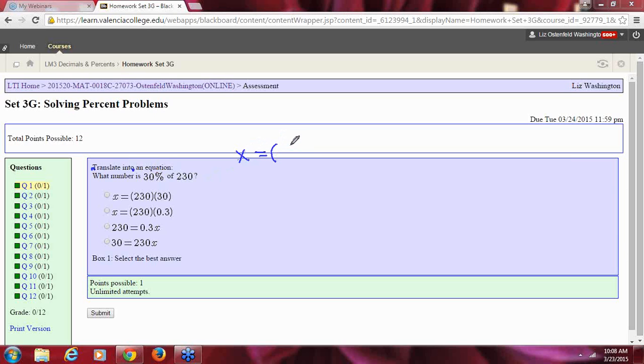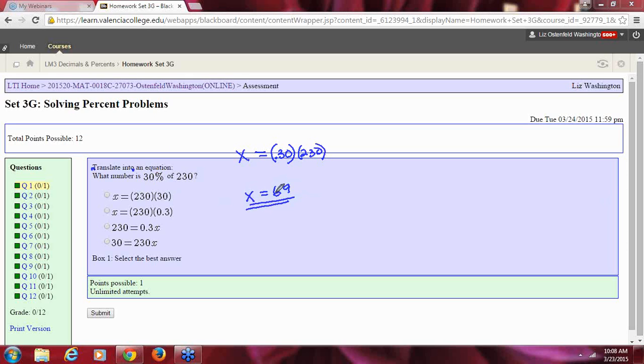We never want to plug a percent into our equation. We always want to convert that percent to a decimal, so 30% becomes 0.30. The word of stands for multiplication, and I'm going to multiply by 230. So once I multiply 230 times 0.30, I'm going to get x equals 69.